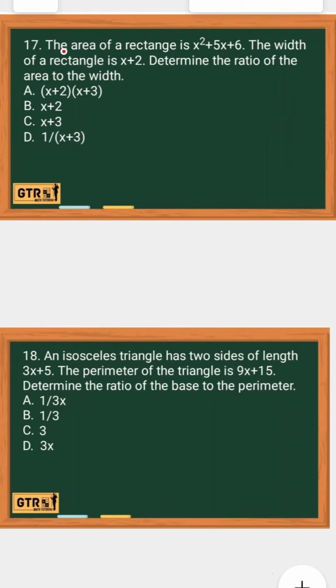Number 17, the area of a rectangle is x squared plus 5x plus 6. The width of a rectangle is x plus 2. Determine the ratio of the area to the width. Okay, so we have given area equals x squared plus 5x plus 6.